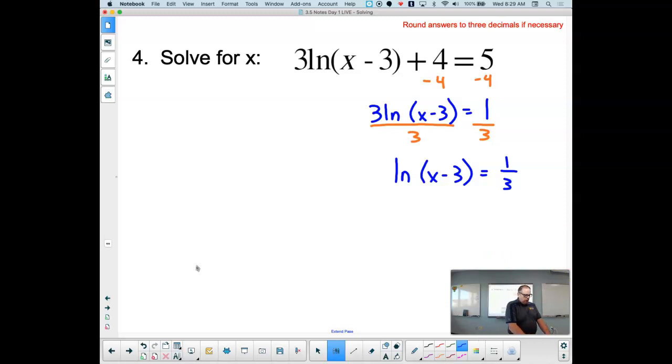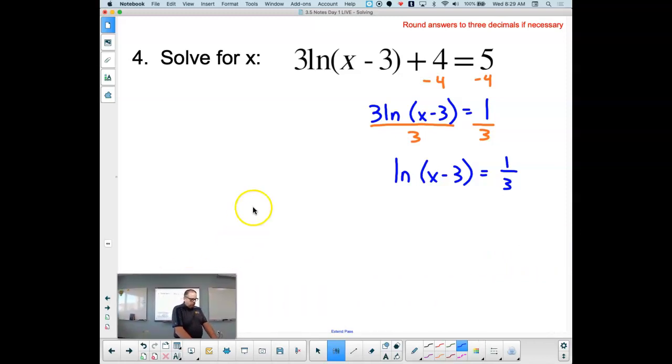Then I would switch forms with it because I've isolated my log term. This is log, and in my brain, remember, because it's natural log, this is log base e. So I would have e to the 1/3 power equals x minus 3.